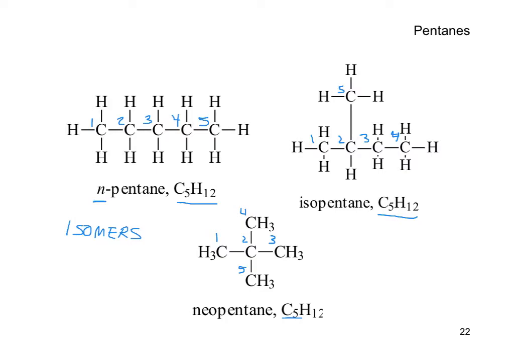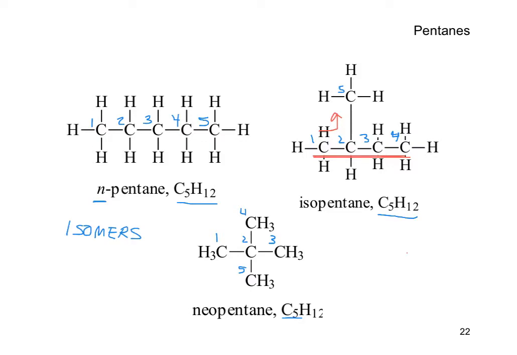So if you look at isopentane, the rule says that we have to look for the longest continuous chain. The longest chain in this looks like the 4-carbon unit, right? Because if you went from 1, 2 to 3, that would not be considered the longest chain, because that will contain only 3 carbon atoms. So the longest is the straight chain containing 4.